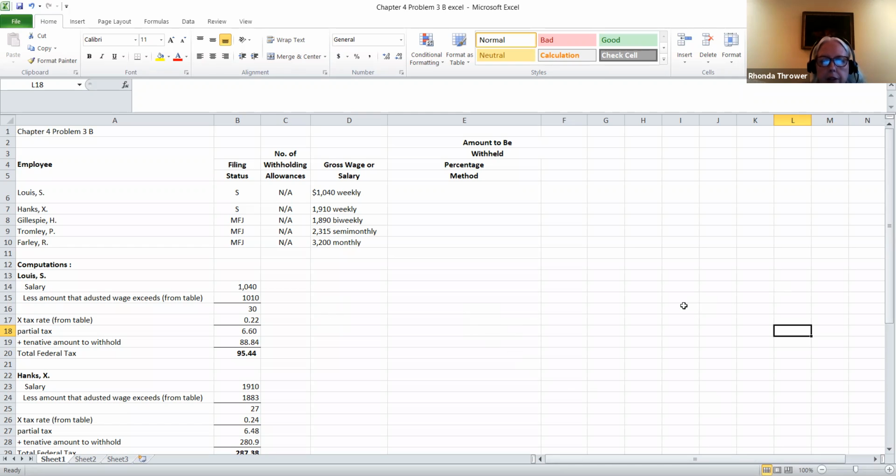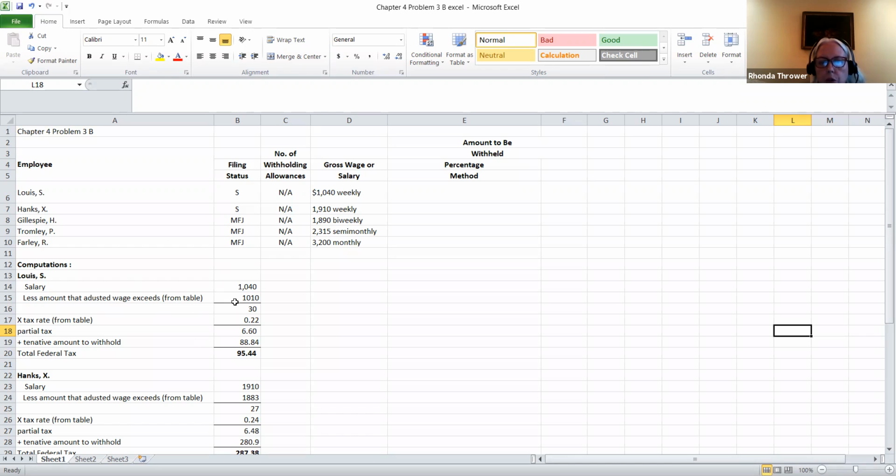that I created. Our first employee was S. Lewis, and he had a filing status of single, and his wage was $1,040, and it was weekly. Here's how you would make the computations for the percentage method. You take his salary, which was given, and you subtract the amount that the adjusted wage exceeds, which was from the table that we just looked at.